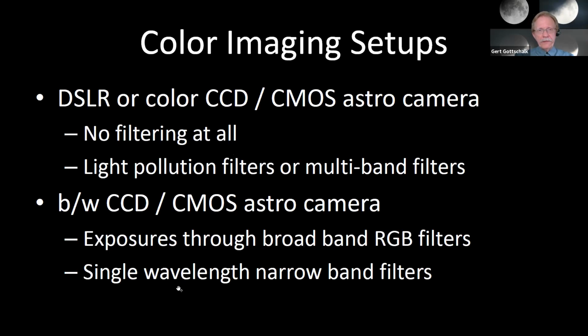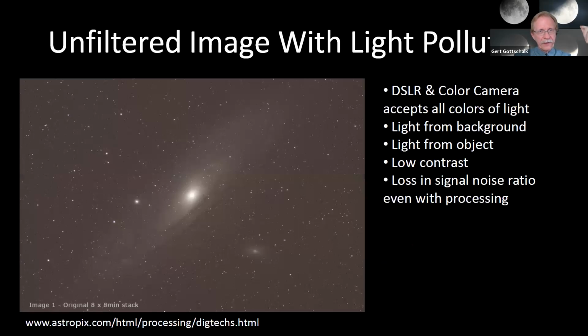And the relatively new method is narrowband filtering, like for example those colors that the Hubble shows their images in, where you have single wavelength narrowband filters combined with a black and white camera taking multiple images that you then combine. Let's look at a couple examples.